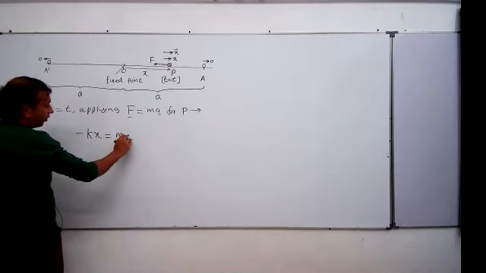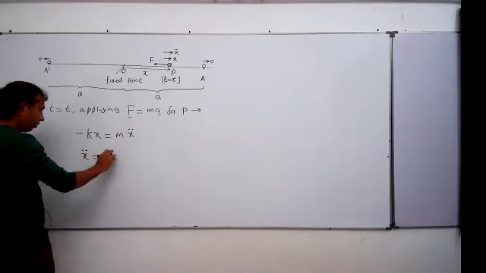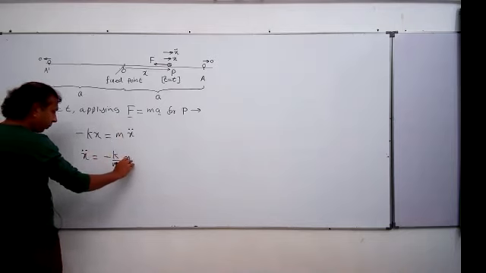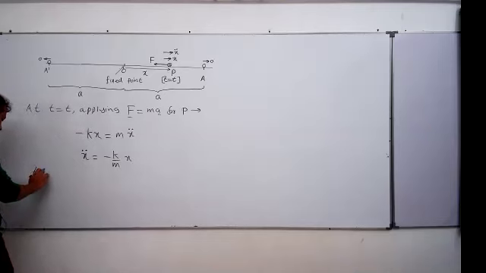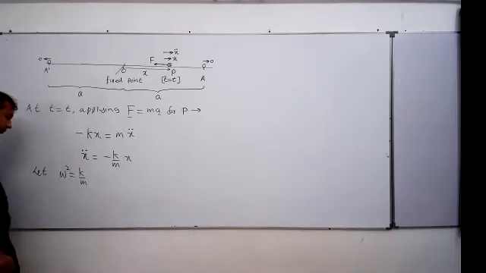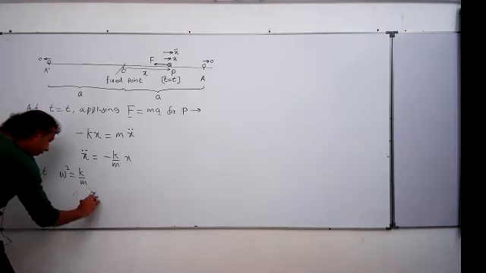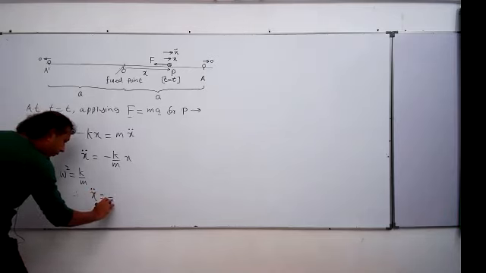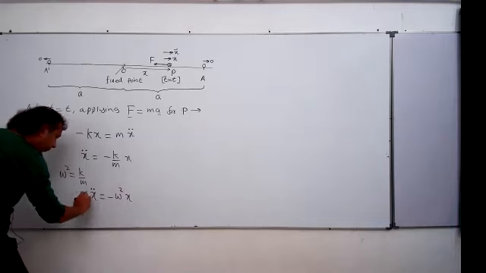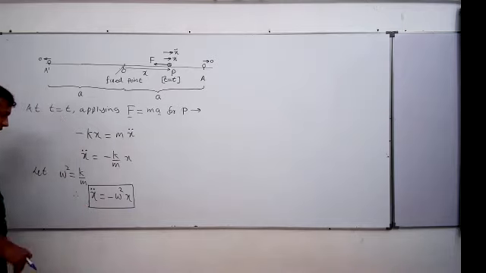Mass is m, acceleration is x double dot. Then x double dot we can write as minus k upon m times x. Let omega squared be k upon m. Then we can write x double dot is equal to minus omega squared x. This is called the characteristic equation.